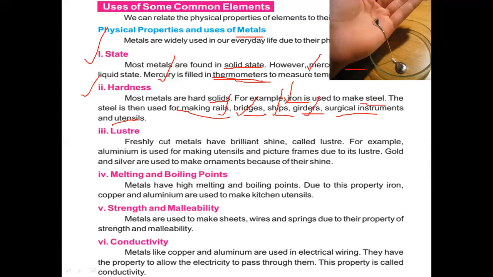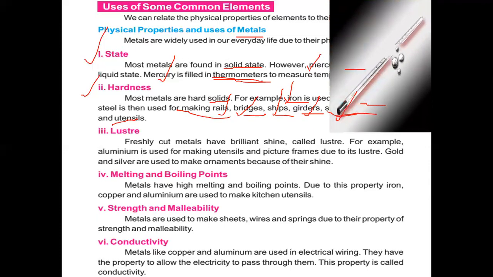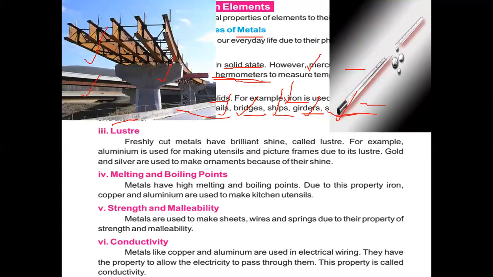Girders are long structures used to make buildings as well as bridges. Surgical comes from surgery; these are instruments used for operations in hospitals. These are girders which are used to make long bridges.